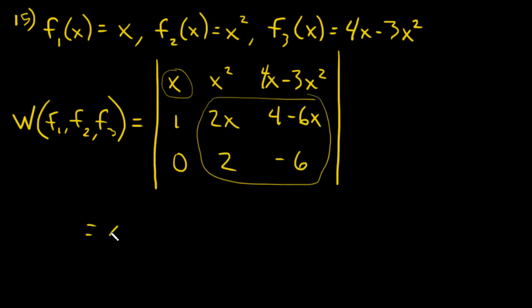But it's going to be x times this little subdeterminant, which is going to be negative 12x. This times this, minus this times this. Minus 8 plus 12x. Okay? That's for the first one.